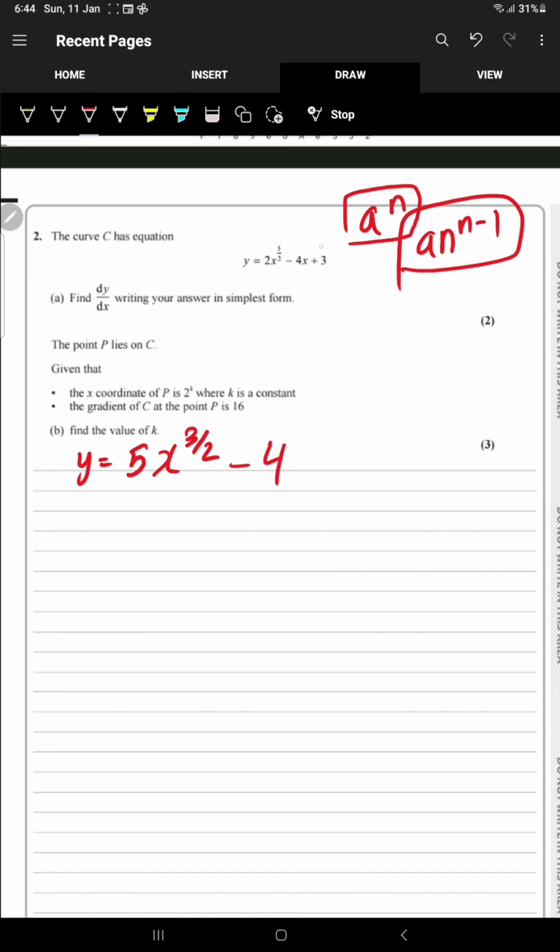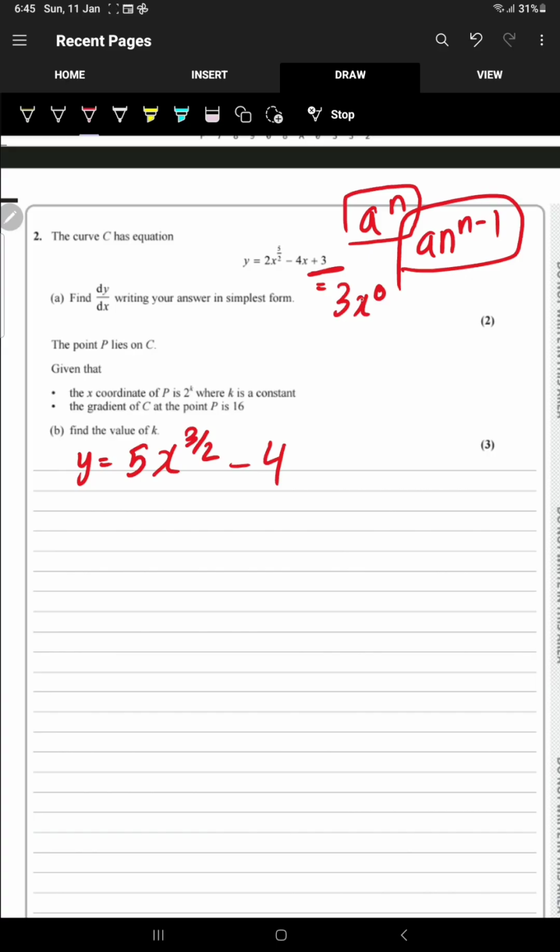x is going to be 1 minus 1, which is 0, and anything to the power of 0 is 1. This constant is going to differentiate to 0, because this constant is basically 3 times x to the power of 0, which is 1, and 3 times 1 is 3.